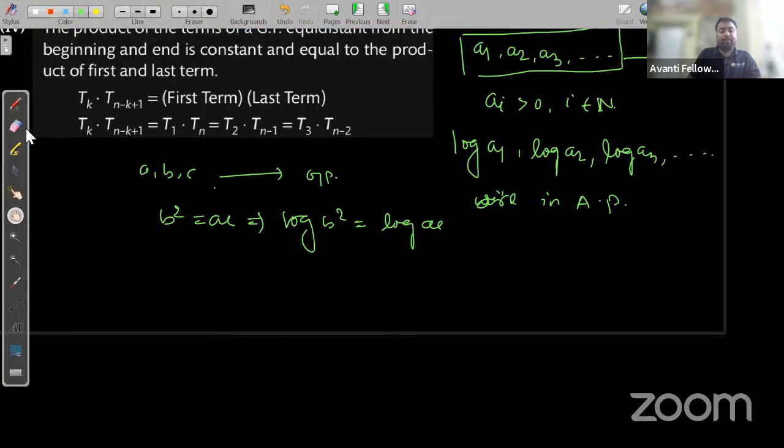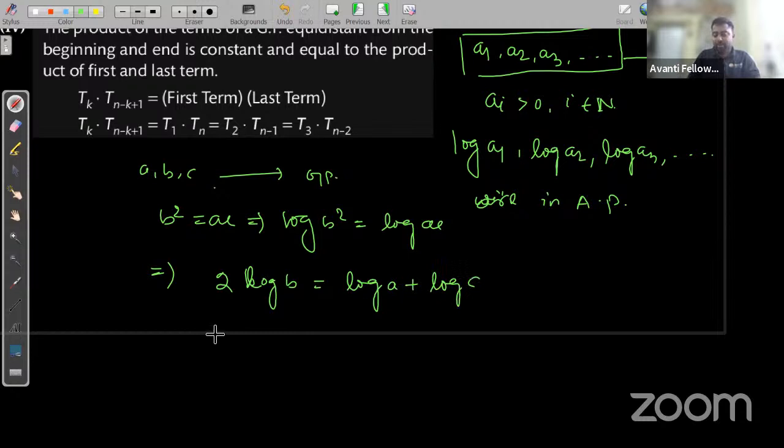So see, by using the property of logarithms, the left hand side becomes 2 into log of B, which is equal to the right hand side, log of A plus log of C. Now you can see we can write log B as log A plus log C upon 2.